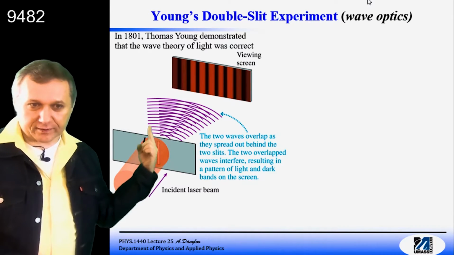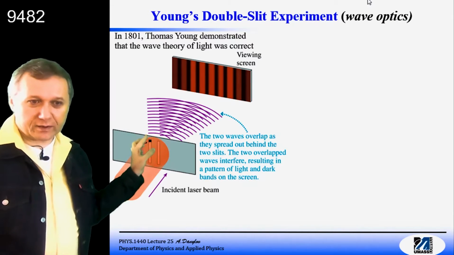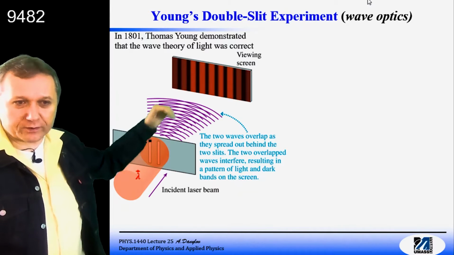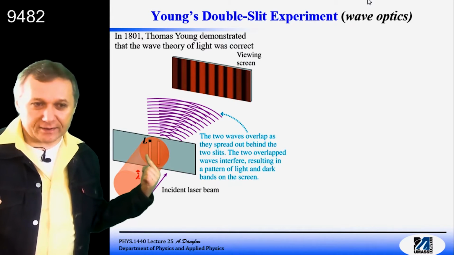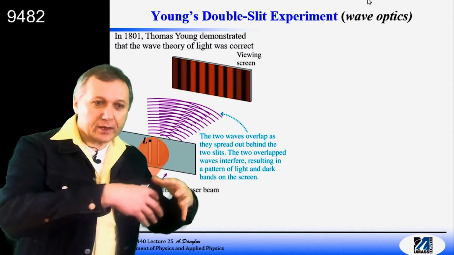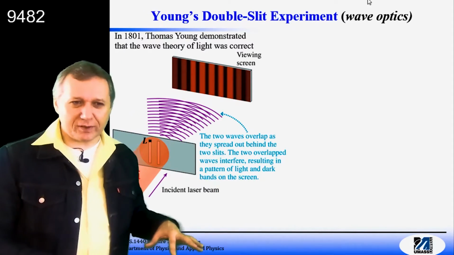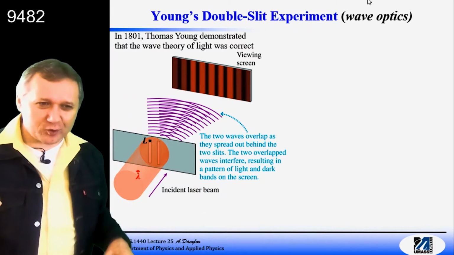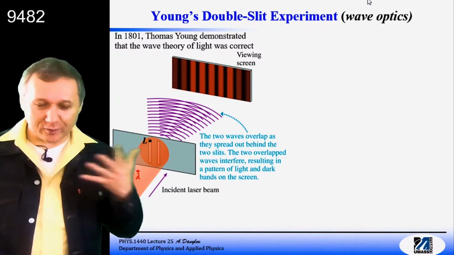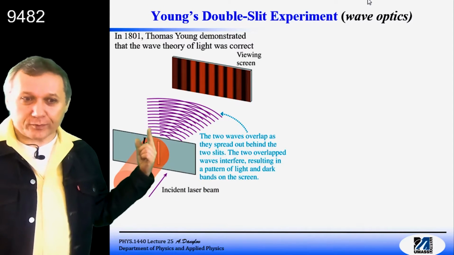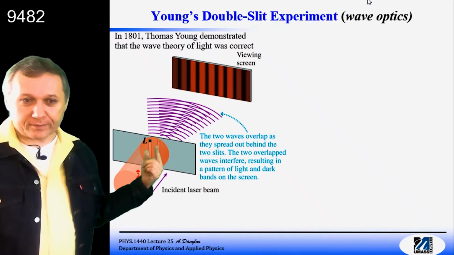You see this picture, right? We have this bunch of wave fronts created by this slit. Strictly speaking it will be a spherical wave, but let's assume a two-dimensional situation and talk about circular waves.